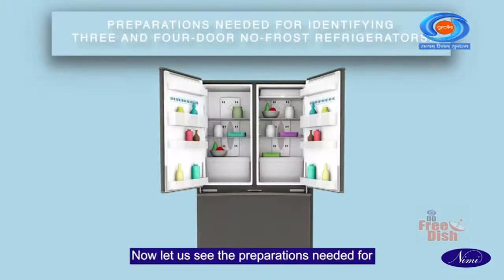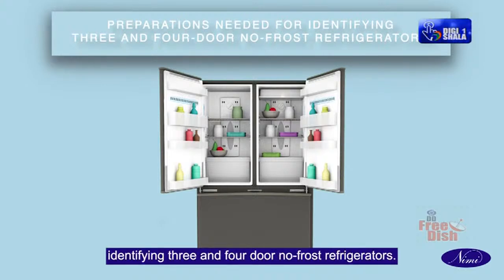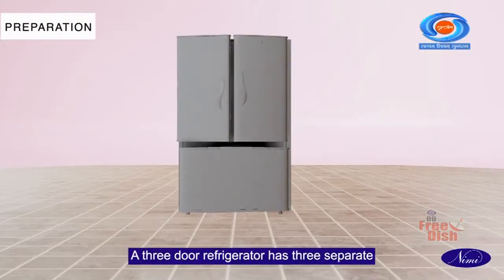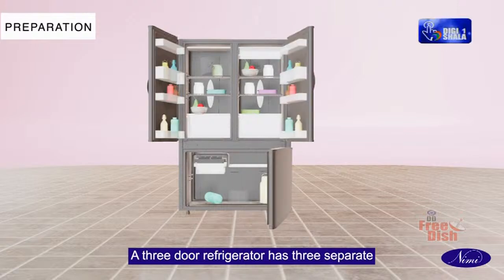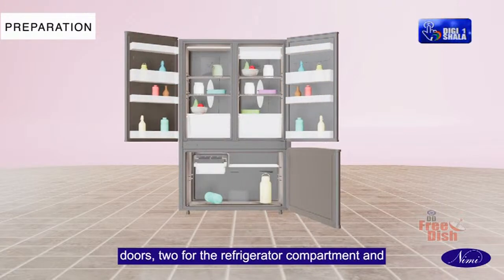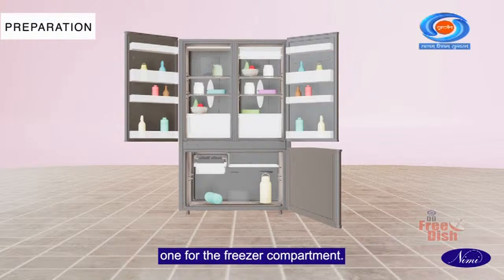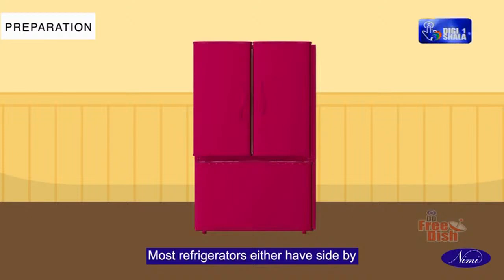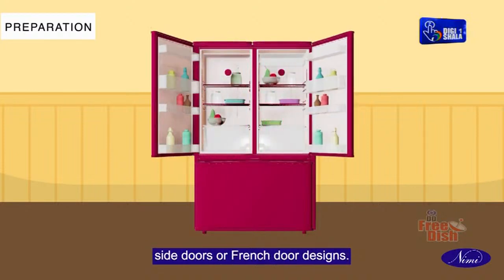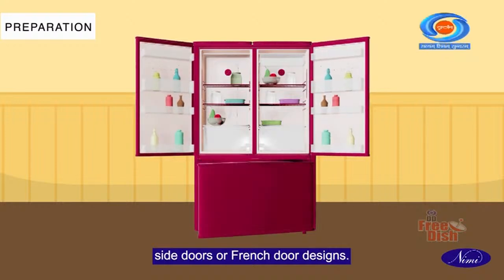Now, let us see the preparations needed for identifying 3 and 4-door no frost refrigerators. A 3-door refrigerator has 3 separate doors, 2 for the refrigerator compartment and 1 for the freezer compartment. Most refrigerators either have side-by-side doors or French door designs.